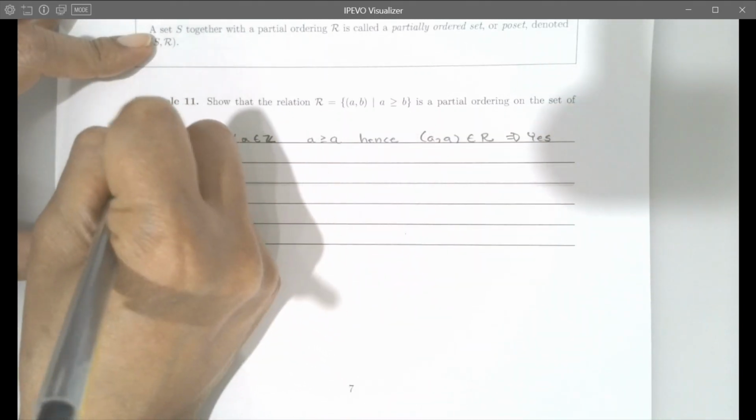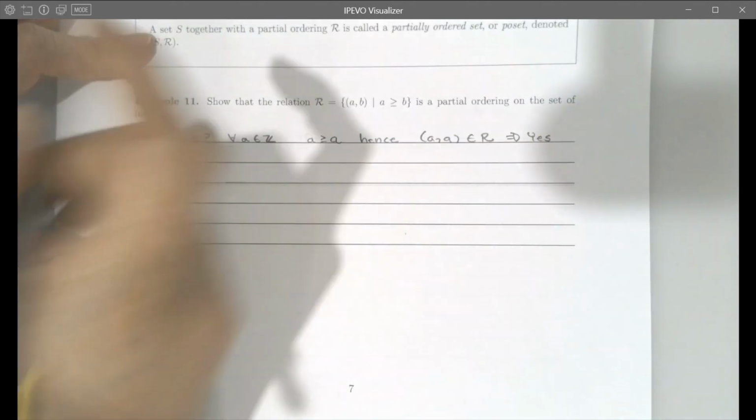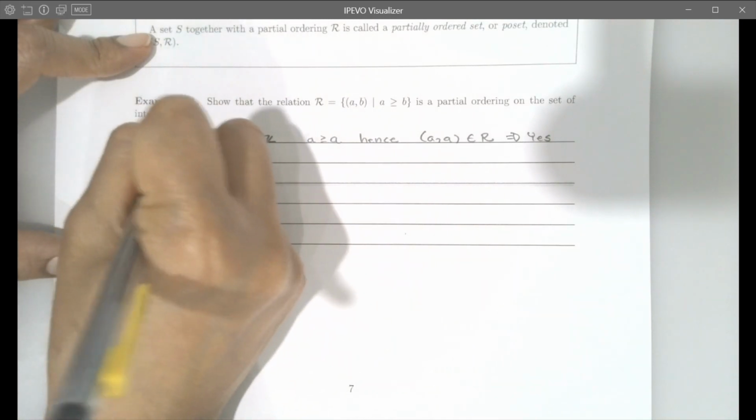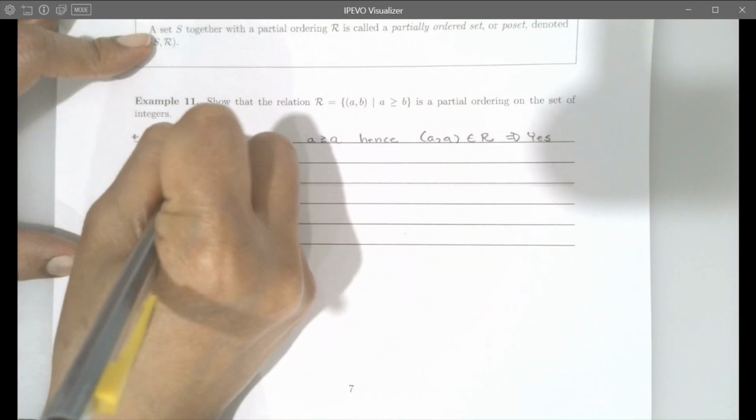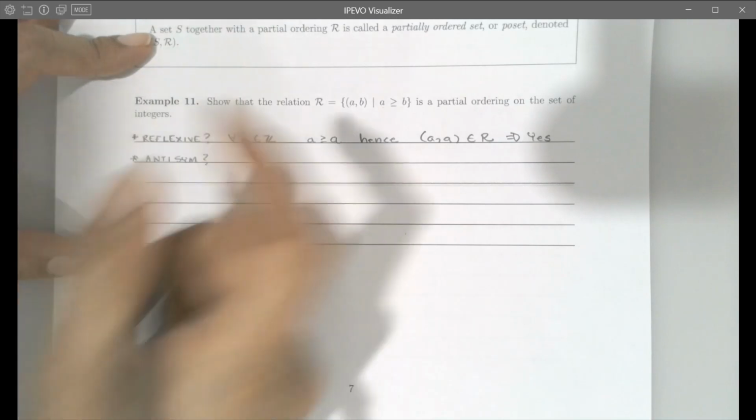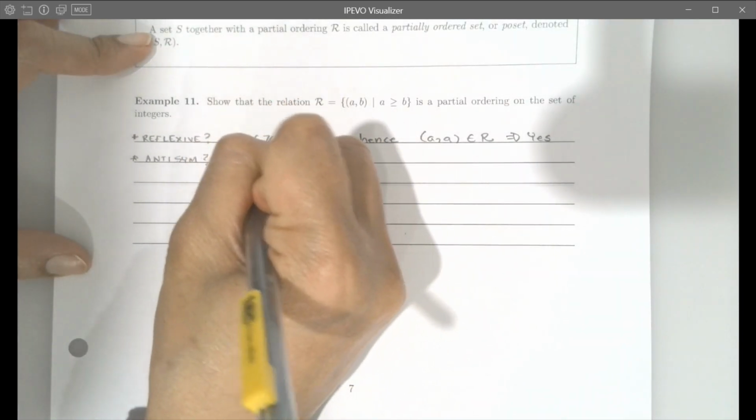Next, we want to take a look at whether or not it's antisymmetric. And so now we're going to take two integers, a and b.